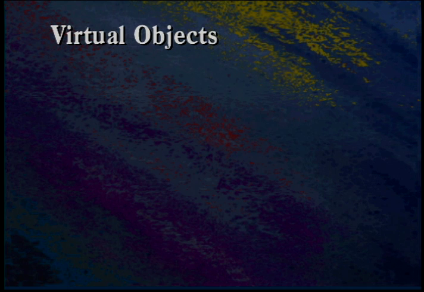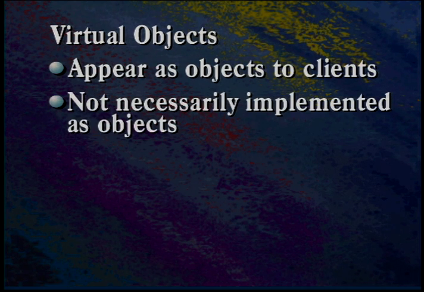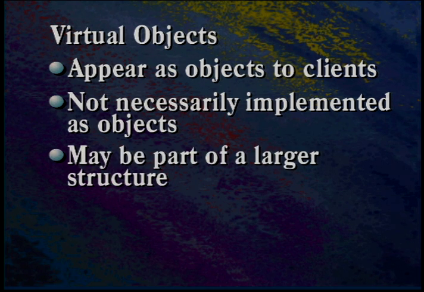One of the things that we gain by clearly separating interfaces from implementations is the ability to support what we call virtual objects. These are things that appear as objects to their clients, but are not necessarily implemented as objects. They may instead be part of some larger structure and not have a separate existence in storage or implementation. This allows two things.